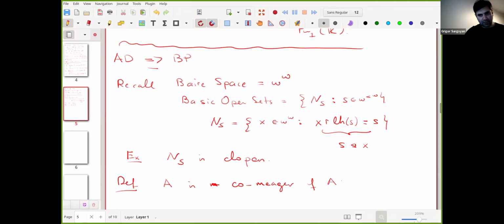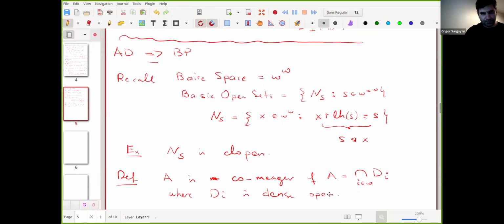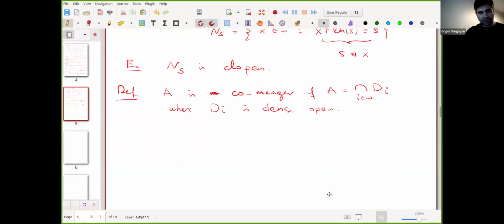A is comeager if A is the intersection of U_i for i in omega, where each U_i is dense open. We're in Baire space, right?